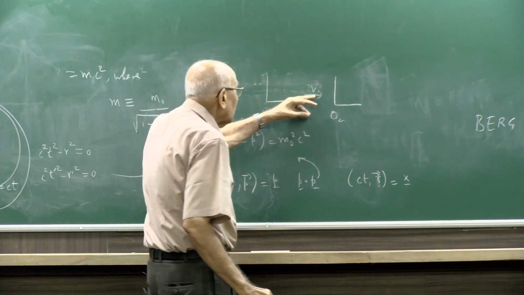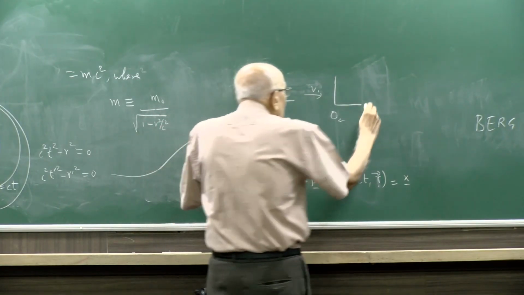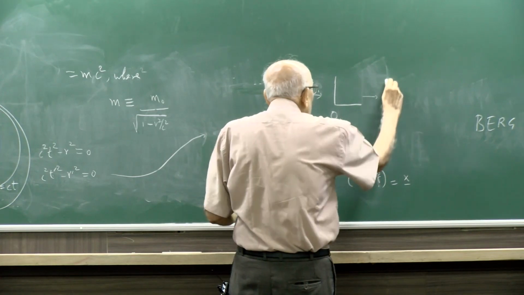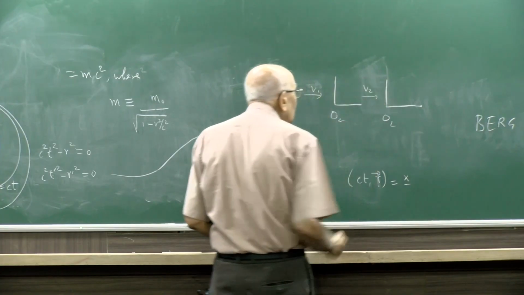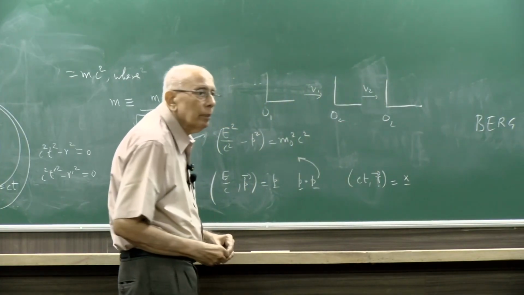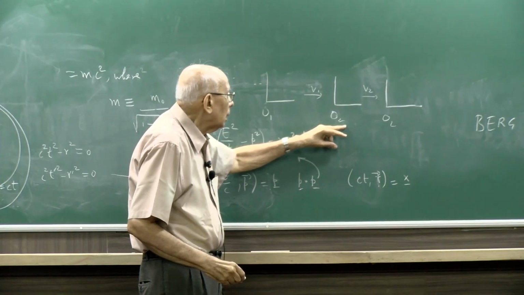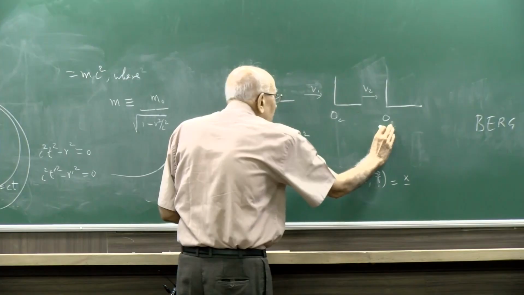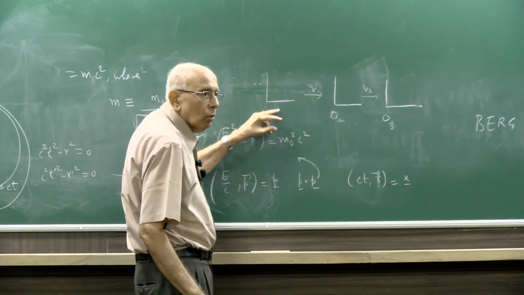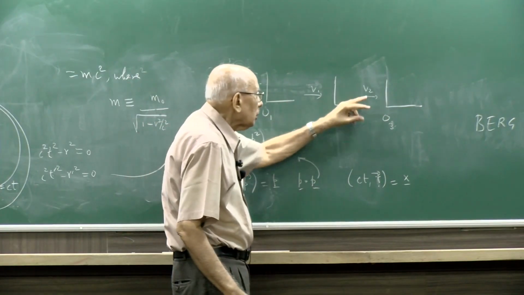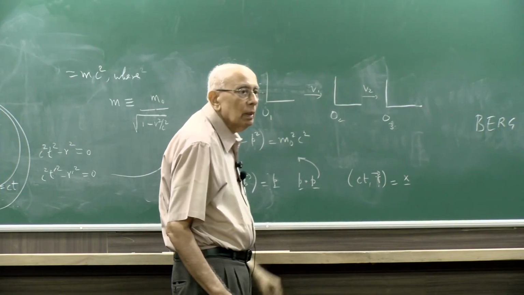And let's suppose there is a third observer, O3, who also coincided at t equal to 0 and moves with speed v2 with respect to O2. So O2 moves with speed v1 with respect to O1, and O3 moves with speed v2 with respect to O2. What is the speed of O3 with respect to O1?